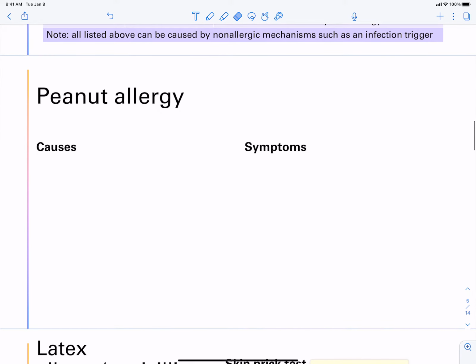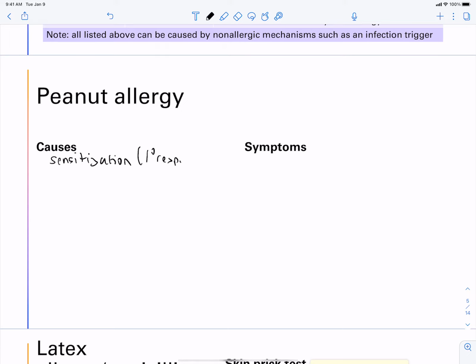All right, so peanut allergies are very important. Peanut allergies are going to be typically caused by a person who's sensitive to the peanut proteins. So you have sensitization, which in essence means a primary response.